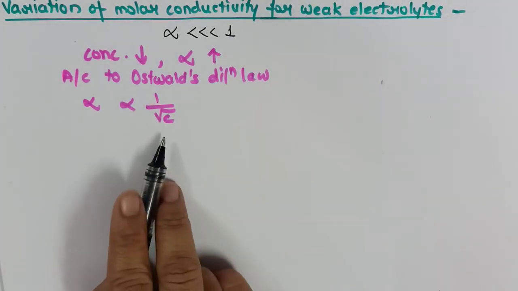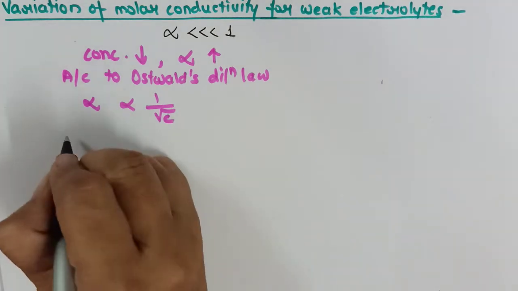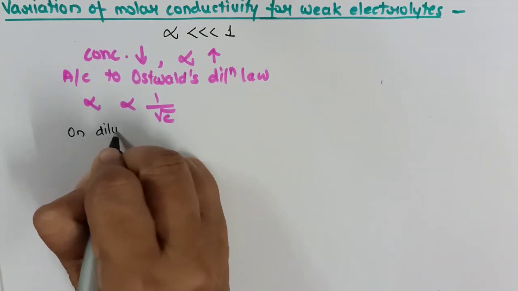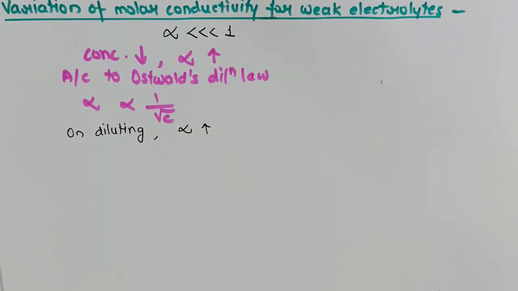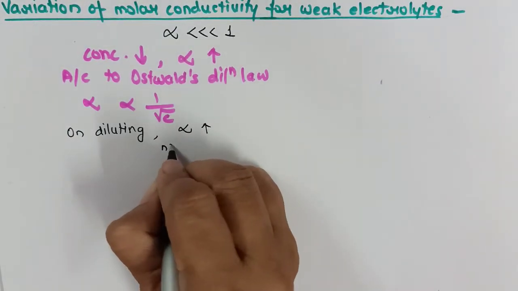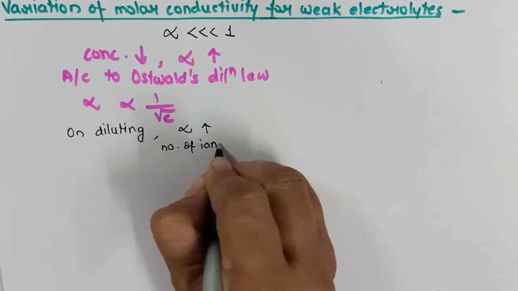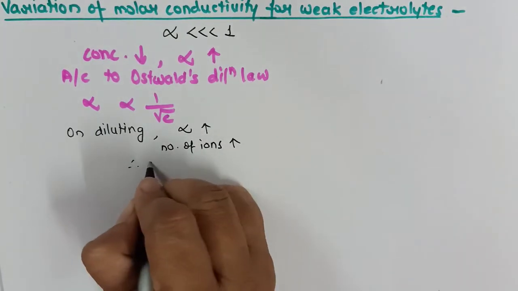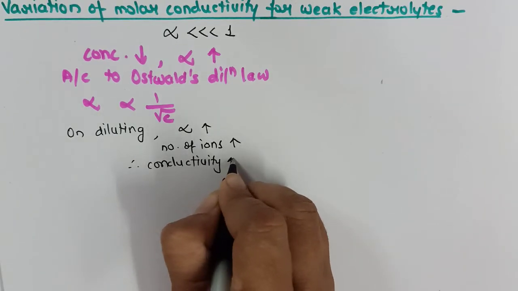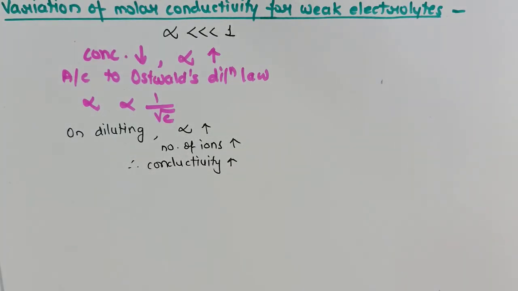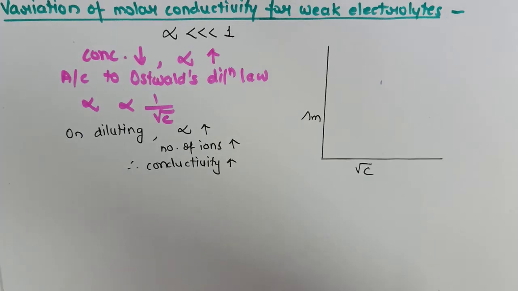As you go on decreasing the concentration, as you go on diluting, alpha will increase, and as alpha increases, the number of ions formed increases, and therefore conductivity also increases. This is an important give-reason question, whether it is with respect to strong electrolyte or weak electrolyte. Let us have a look at the graph.